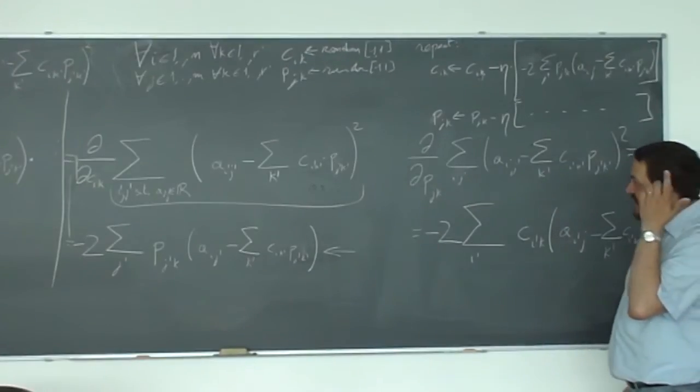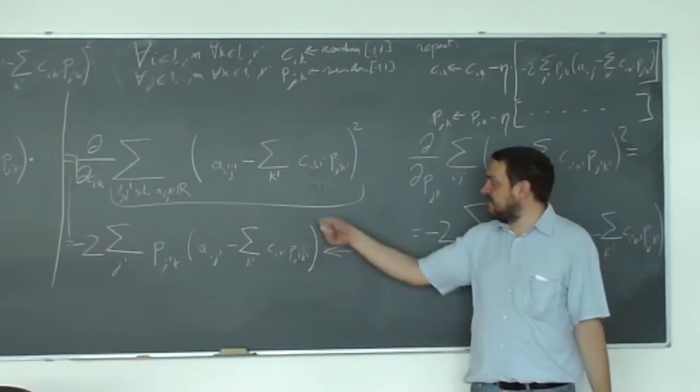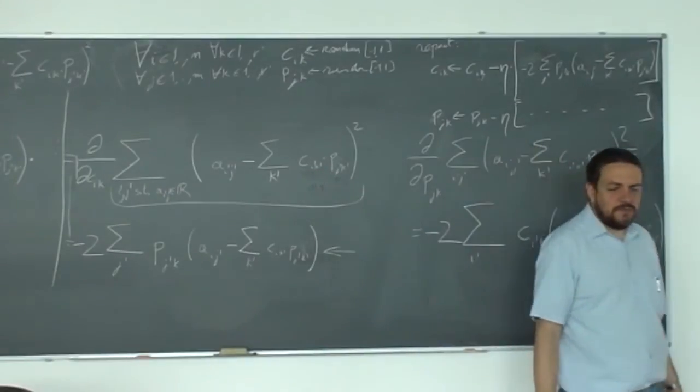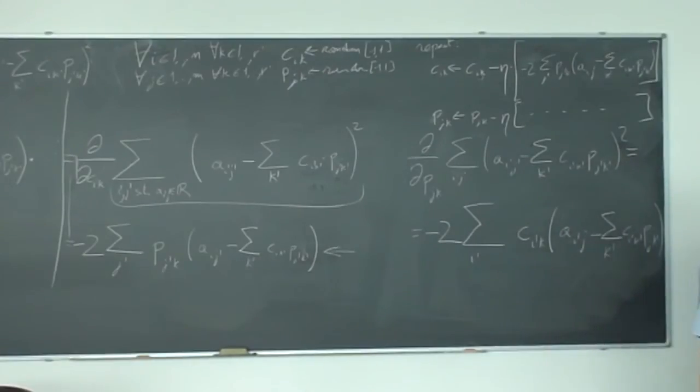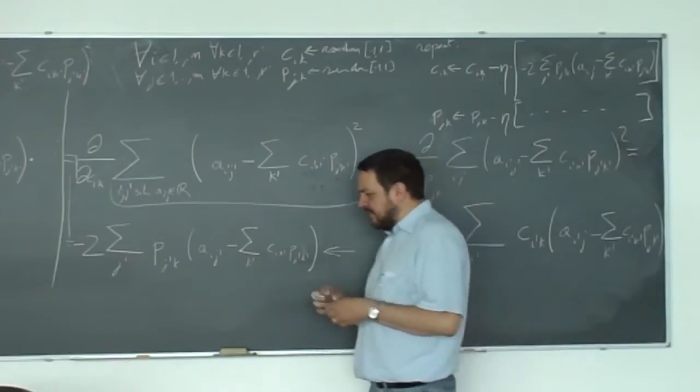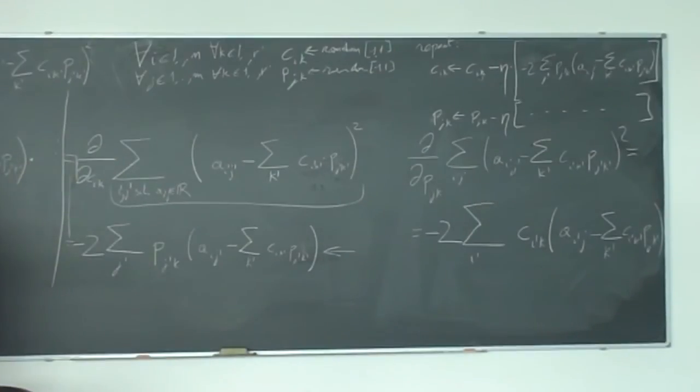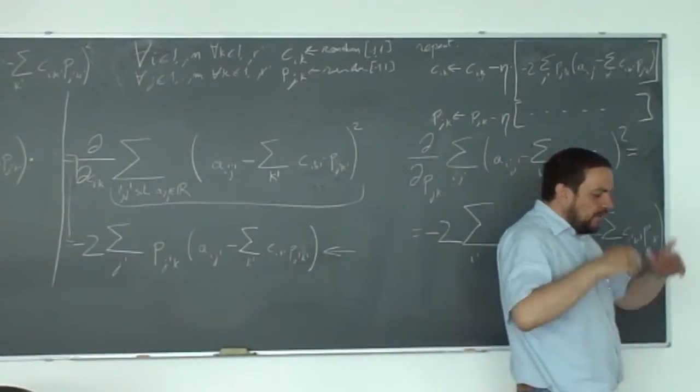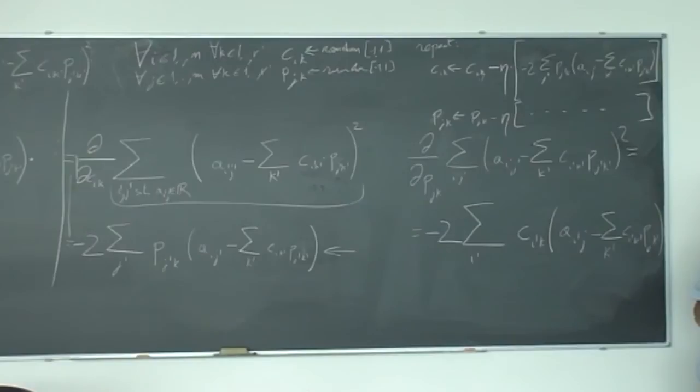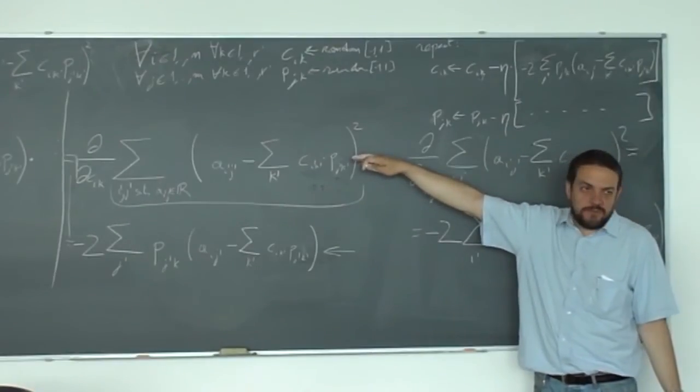The second problem is that we should add some constraints on the size of Cik and of Pjk in order to not let them grow too much. Those of you who have followed the machine learning course should be aware of problems such as overfitting. I mean, when you let a system work too hard in order to optimize some specific problem.